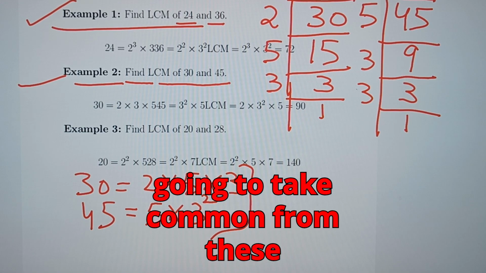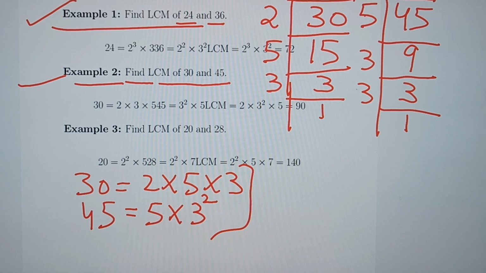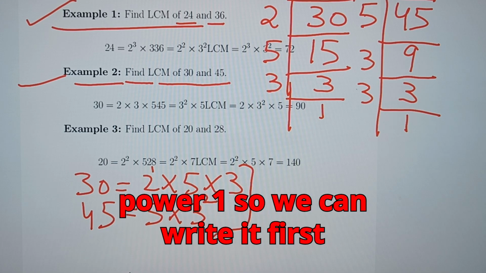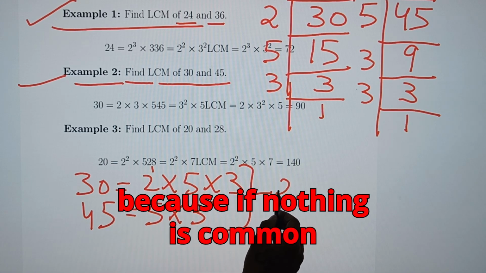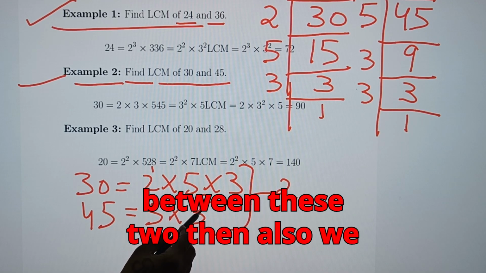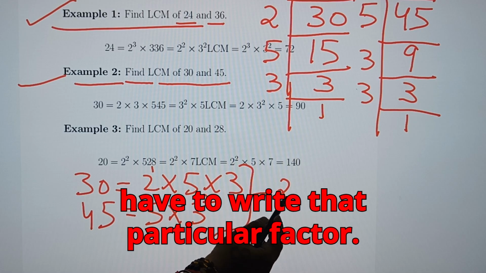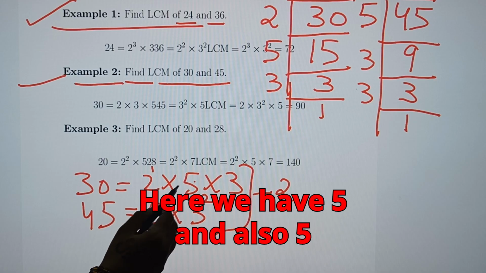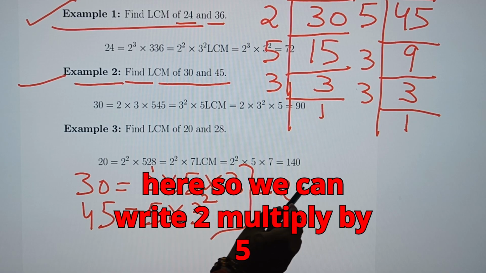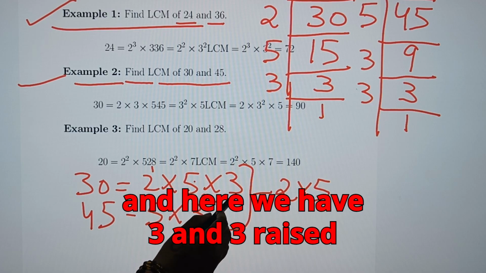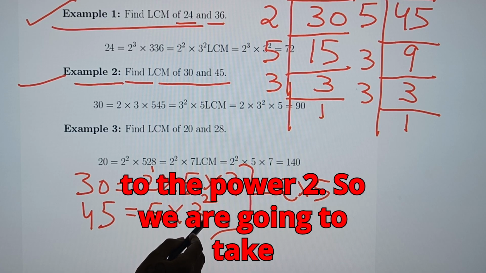Now we are going to take common from these factors. Here we are getting 2 raised to the power 1. So we can write it first, because if nothing is common between these two, then also we have to write that particular factor. Here we have 5 and also 5 here, so we can write 2 multiplied by 5, and here we have 3 and 3 raised to the power 2.